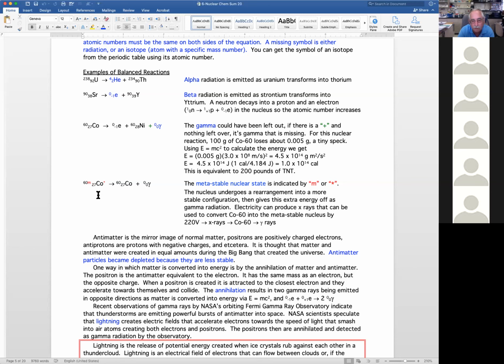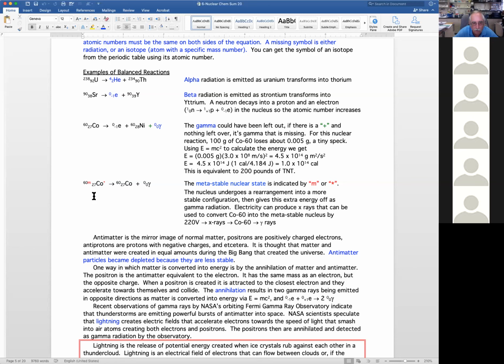So here's why this is important. You can go to the dentist's office, for example, and he's got a machine in there that can produce X-rays. So you can produce X-rays with normal voltage in a house or building. You cannot produce gamma rays. So how do we produce gamma rays for the use of radiation therapy and other things?